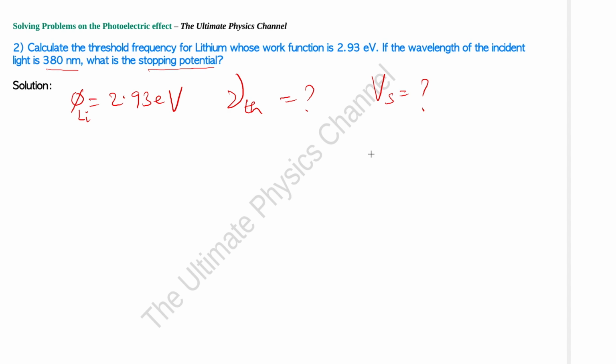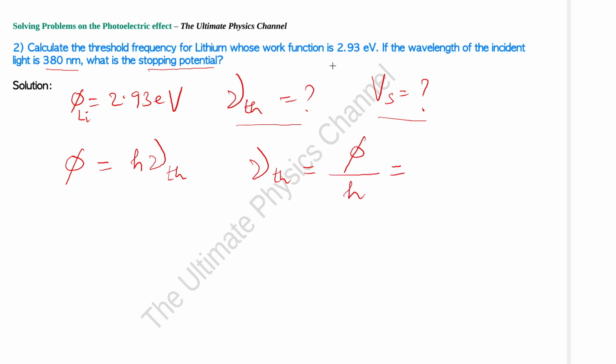That is also asked. So these are the two things. First one is straightforward. That is, we know that the work function phi is related to the threshold frequency as h times nu th, right? So we want nu th, nu threshold, th is for threshold I'm using. So we say phi over h.